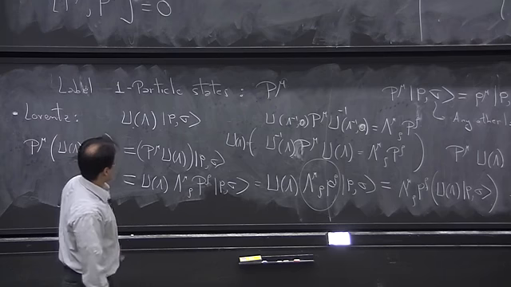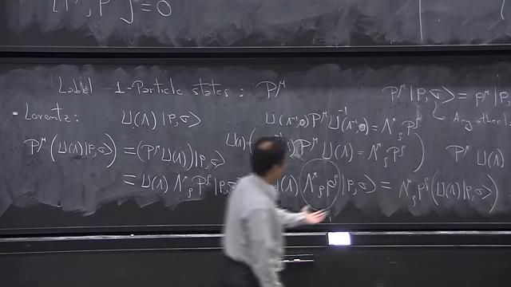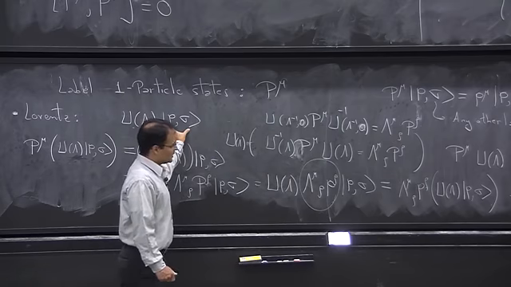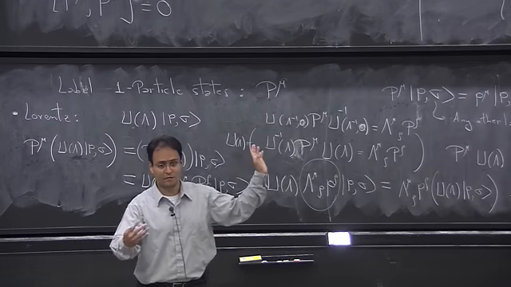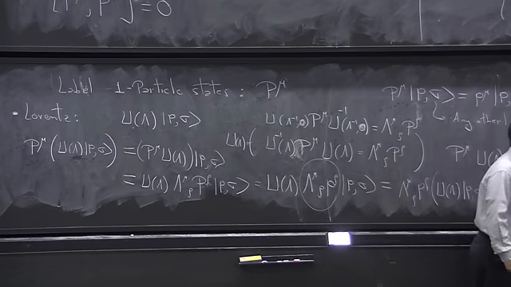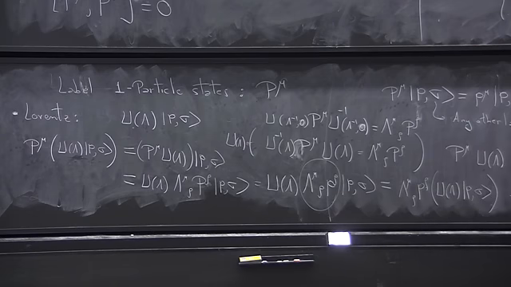So what do we conclude from here? We conclude that this state, whatever it is, must be a linear combination of all possible states that you have available with precisely momentum equal to lambda p.